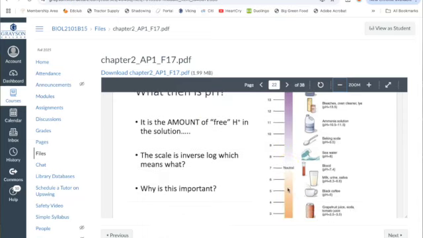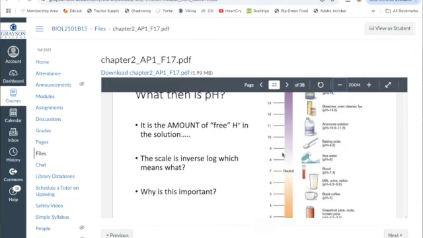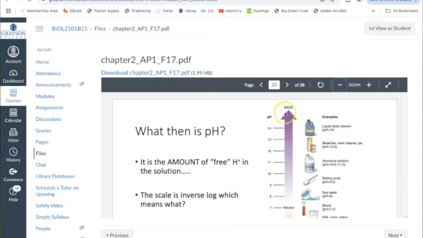Okay. As the pH drops, so the number gets lower, the more acidic. Okay. As pH gets higher in number, it's more base.